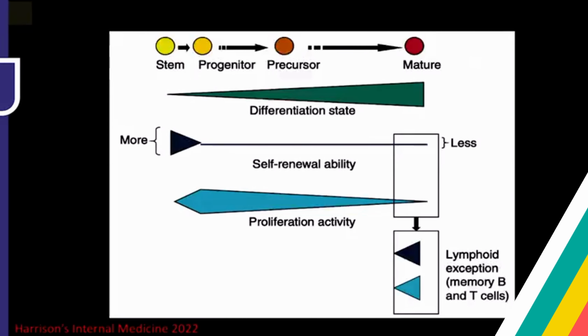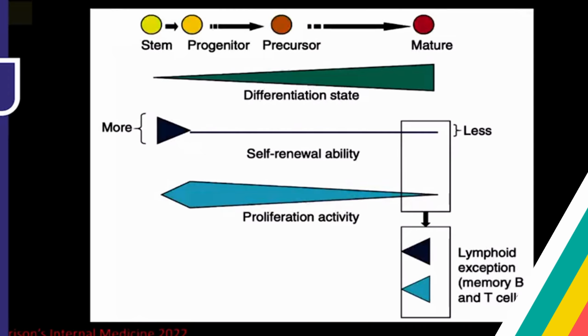First we said totipotent, pluripotent, then multipotent. After multipotent, you also have to remember another stage, that is the progenitor stem cell. Then it will be converted into a precursor cell, and then finally it will form a mature cell. So: totipotent, pluripotent, multipotent, then progenitor, then precursor, then mature.